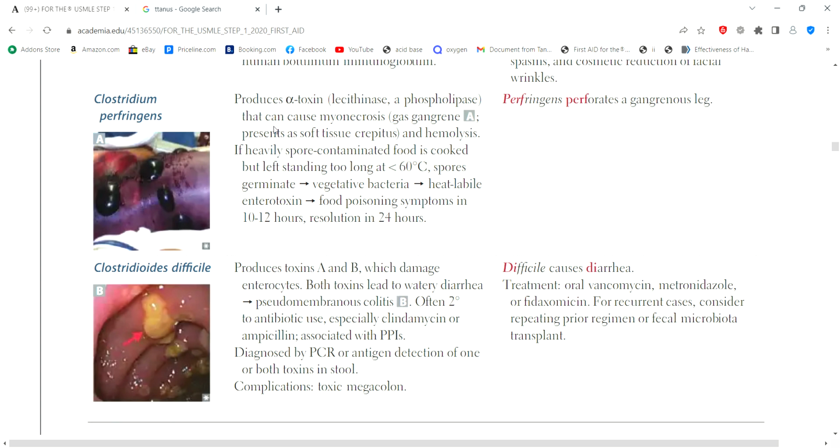Oh, it's exotoxin. Exotoxin is much more dangerous.